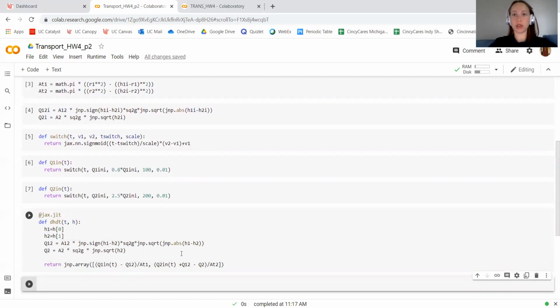So now we want to solve the initial value problem for the total time interval, which was again 200 seconds.